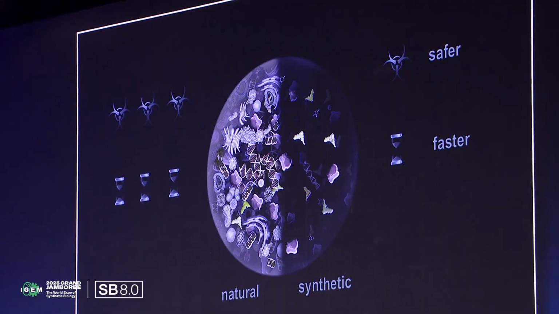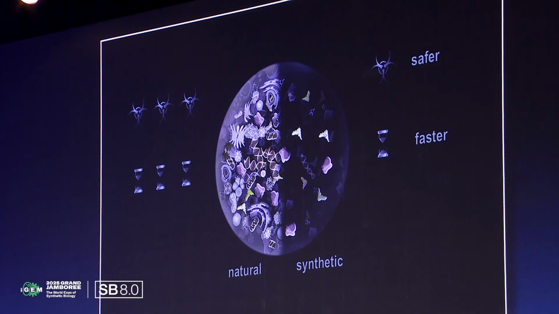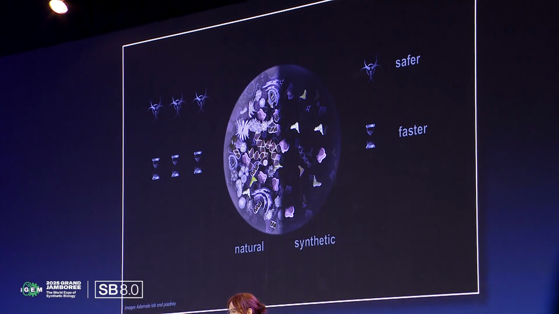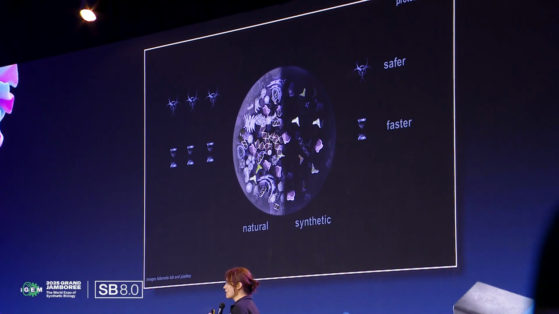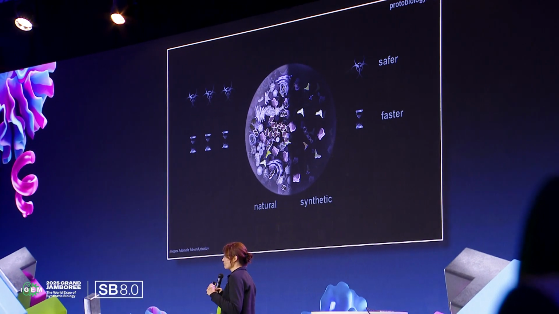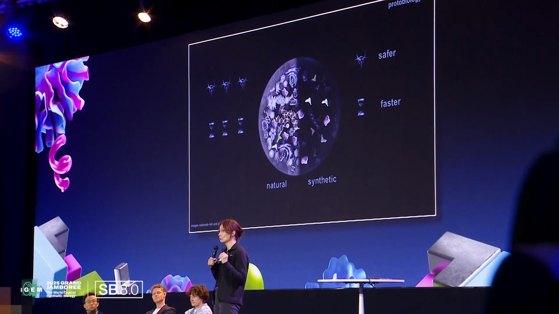Then it's also much faster because the timeline of prototyping metabolic engineering pathways in a synthetic cell is on the order of hours instead of on the order of days or weeks like you do in a natural cell. And that all translates to lower cost. We all love saving money, and really to scale it up into a worldwide biomanufacturing, we need to make it cheap and accessible everywhere and to everybody.